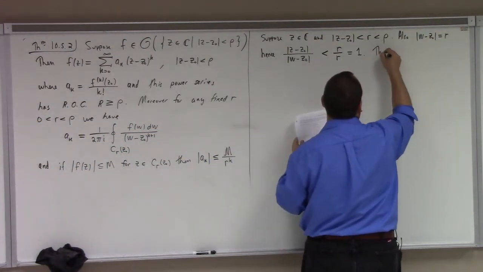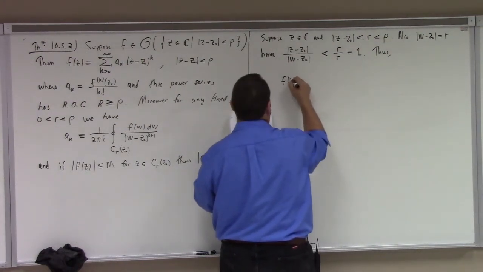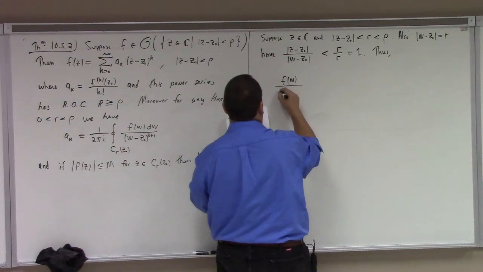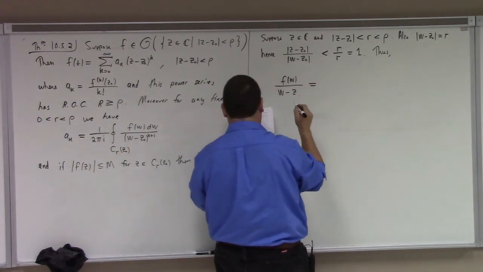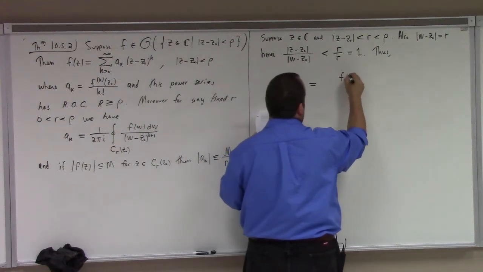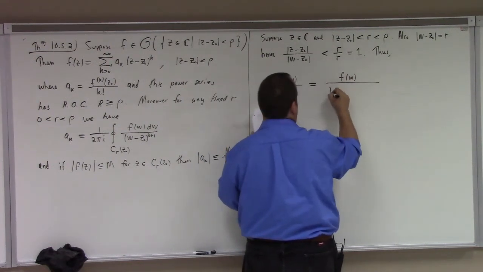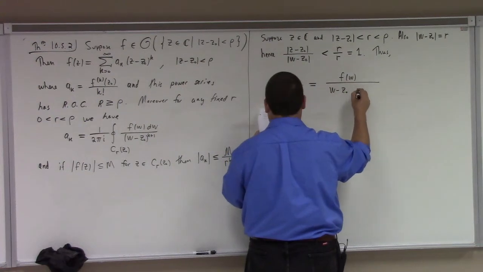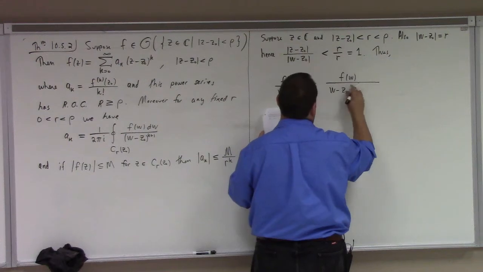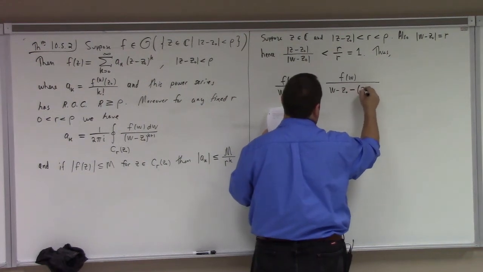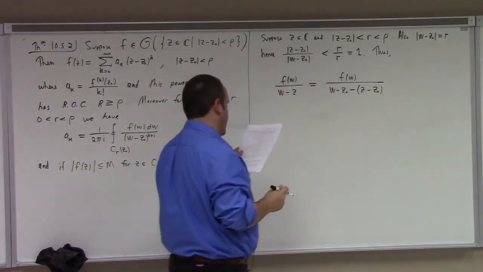Thus, here we go. If we look at f of w over w minus z, we get f of w over w minus z naught plus, or rather minus, z minus z naught. This is that trick we used last class, right?